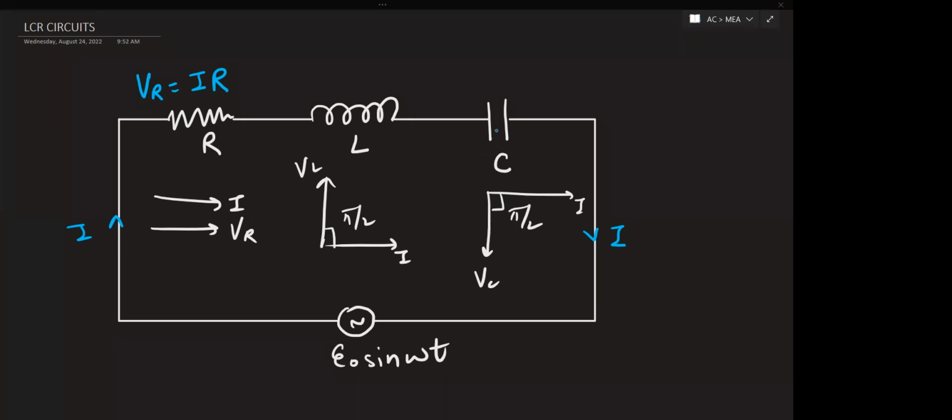What's the resistance that we consider for this inductor? Yes, Zaid, say. Ma'am, XL. Yes, right, XL. So XL acts as the resistance for the inductor. So if XL is the resistance, current is I. What will be the voltage across it?